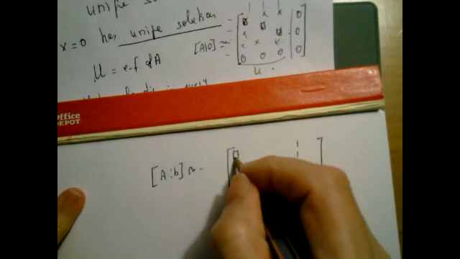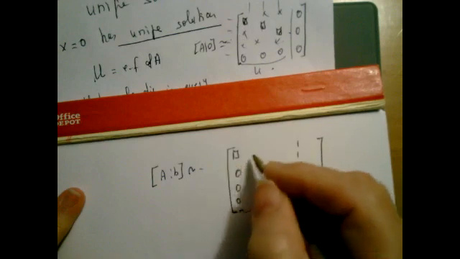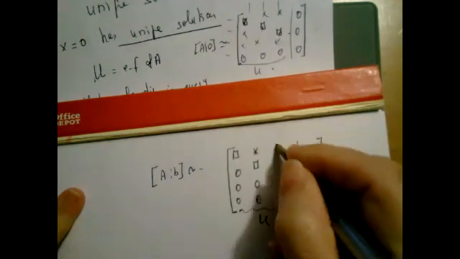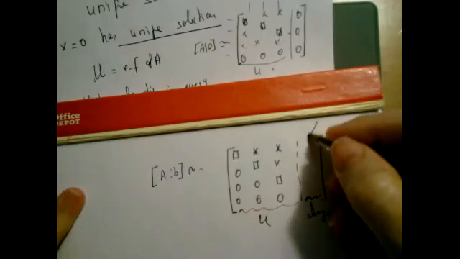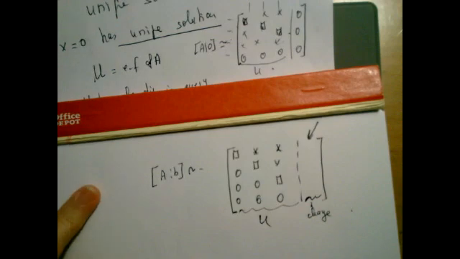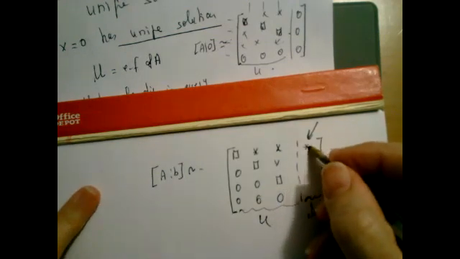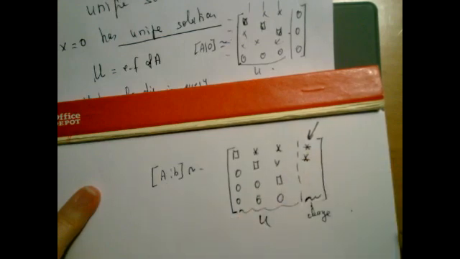So what's the scenario? I'm going to have a leading entry here, then zeros, because the U is the same. I'm going to have a leading entry, then zeros, and another leading entry, then zeros. What am I going to have here? This is going to change, I don't know what. It's not B because I performed row operations.